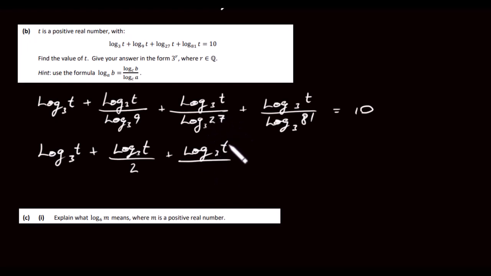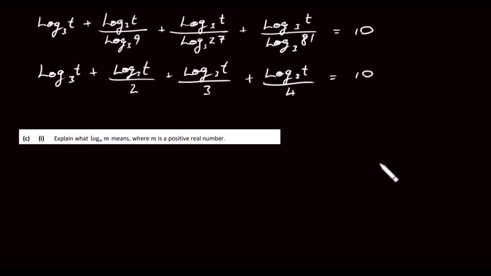Well, 3 to the power of 3 gives me 27, so 3 is what we can write there. And here we've got log t to the base 3 over log 81 to the base 3. Well, 3 to the power of 4 gives me 81, so this is just 4, and that's equal to 10. I'll move this down a little bit to give myself some room.